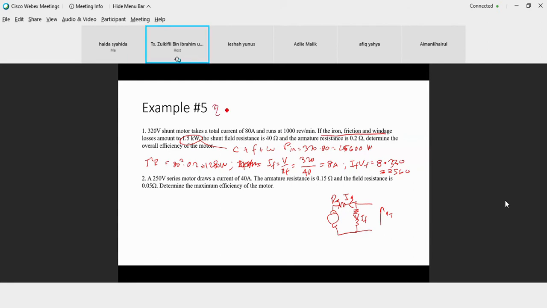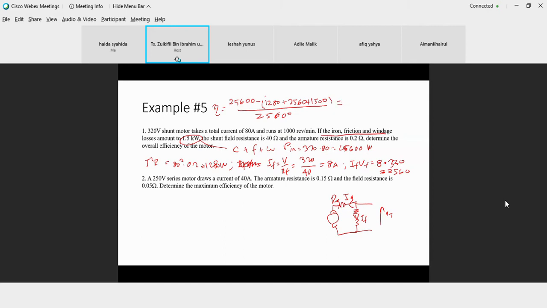Now the efficiency of this machine is equal to the P in, which is 25,600, minus all the losses that you have: 1280, this one, plus 2560, and plus 1500 watt, divided by the input 25,600.